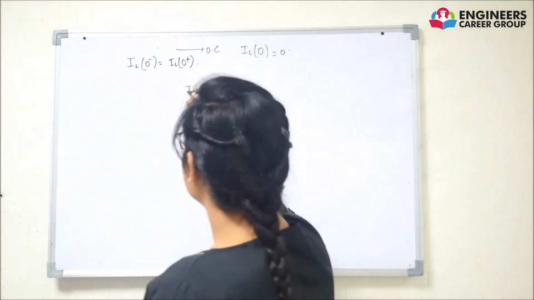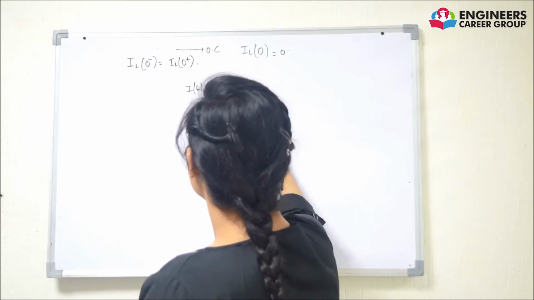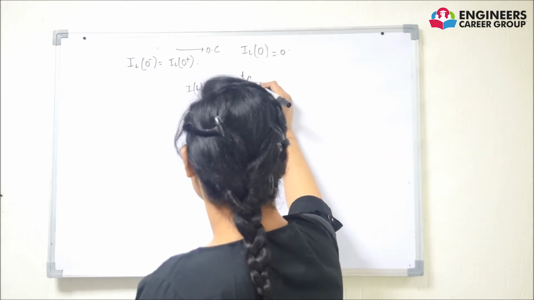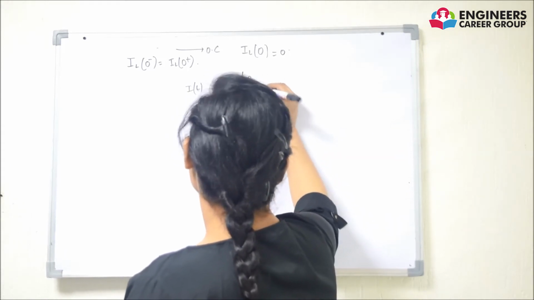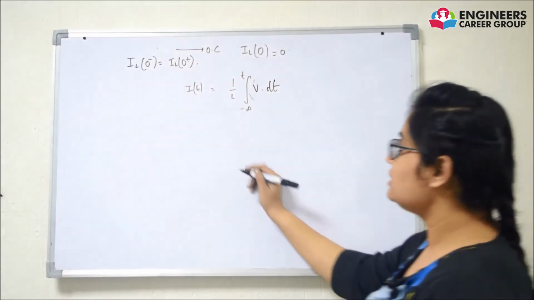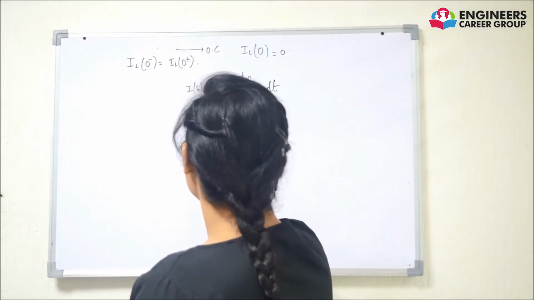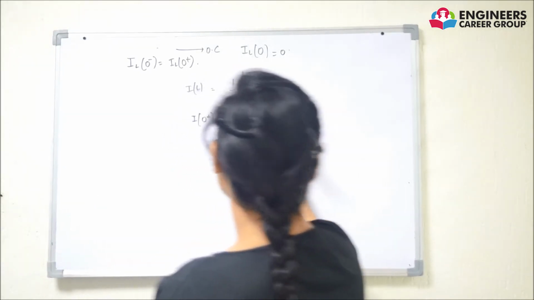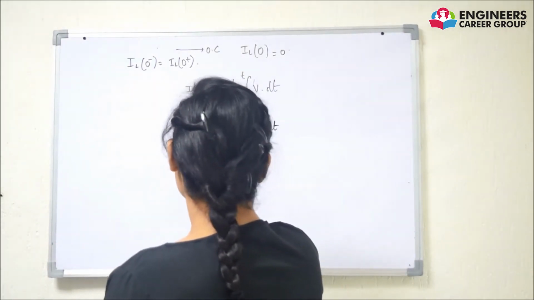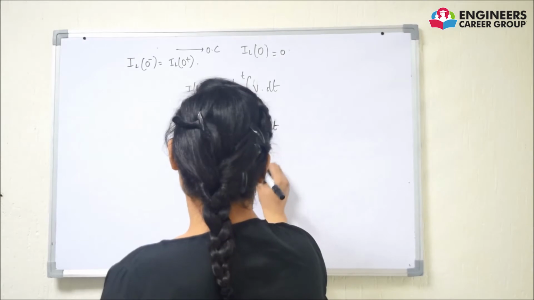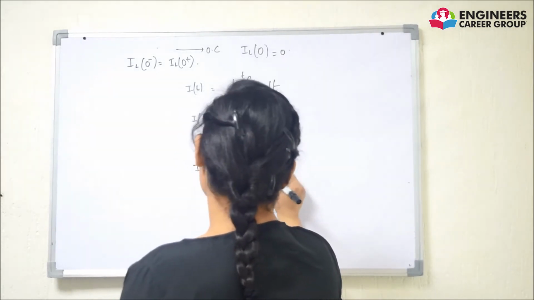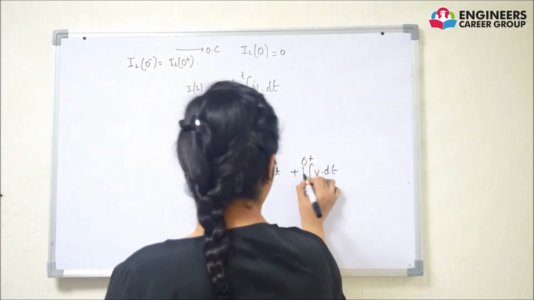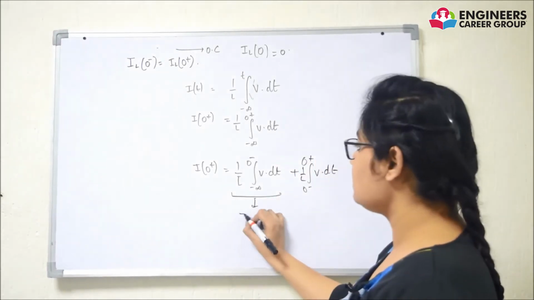We know that the current in the inductor is equal to... if I have to calculate the current for IL0 positive, how will I write it? This quantity can be written as I0 negative.